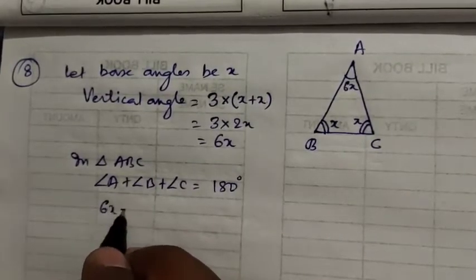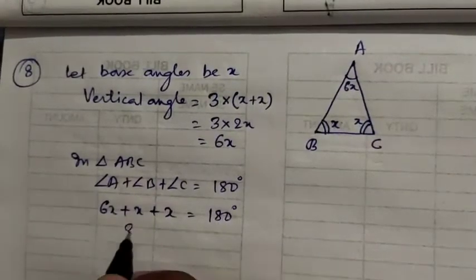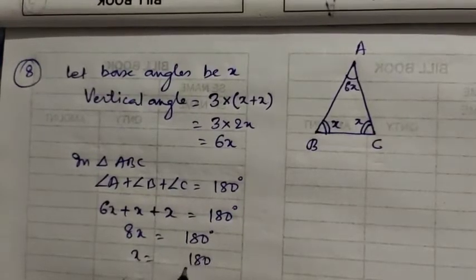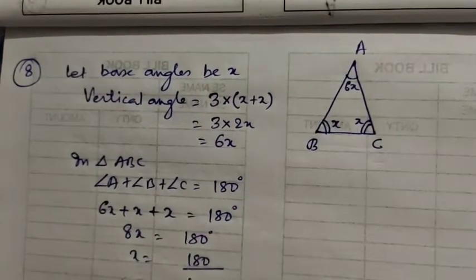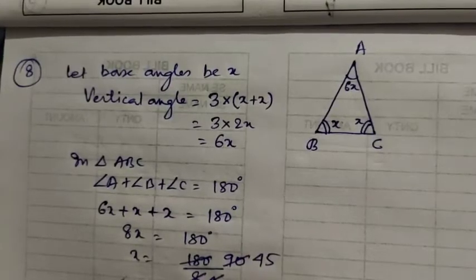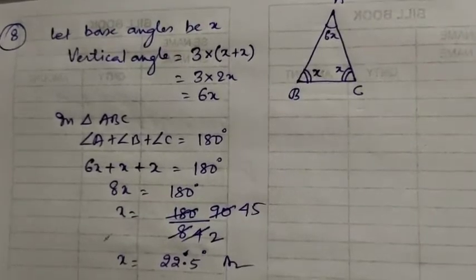Angle A 6x, angle B x, angle C x is equal to 180 degrees. 8x is equal to 180 degrees. x is equal to 180 degrees by 8. 2 4s are 8, 2 9s are 18, 0, 2 2s are 4, 2 45. The value of x will be 22 degrees, or you can say 22.5 degrees. The question is asking to find each angle.